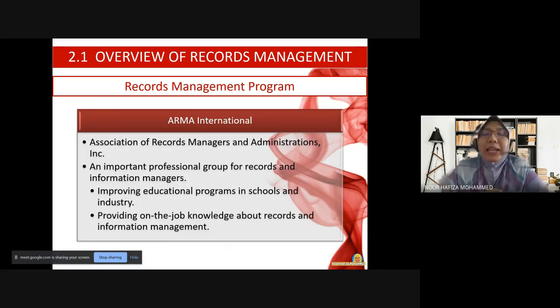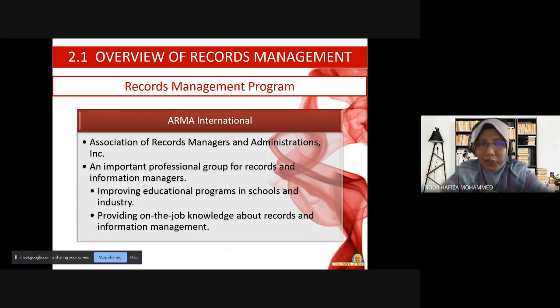Okay, next one, ARMA International. In Malaysia, we have Jabatan Arkib Negara for us to refer to in order to have proper filing, especially for the public sector. But for international, we refer to ARMA International.